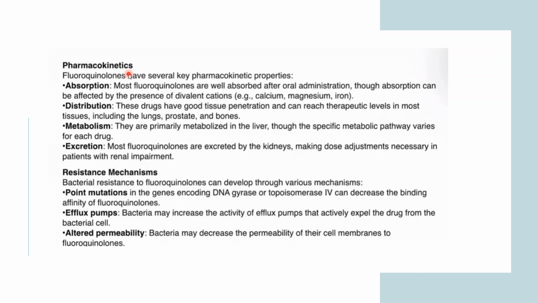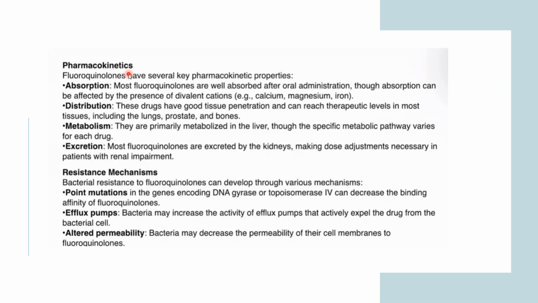The second point is efflux pumps. Bacteria may increase the activity of efflux pumps that actively expel the drug from the bacterial cell. If your drug is actively expelled from the bacterial cell, its activity will drastically decrease. That is how bacteria develop resistance to fluoroquinolones.